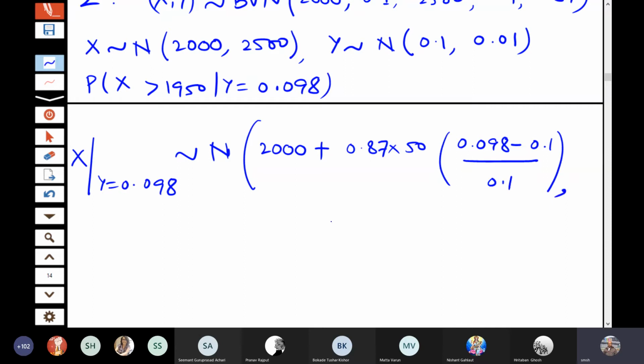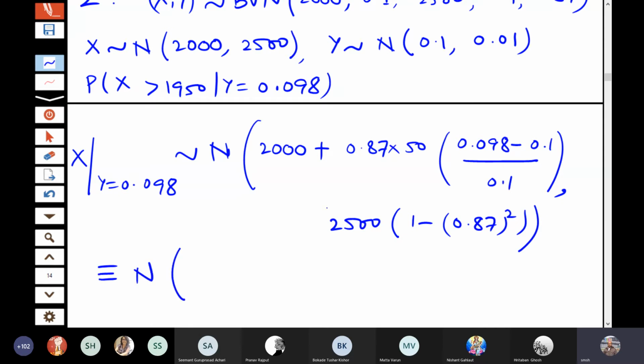And the variance is sigma 1 square, that is 2500, into (1 minus rho square), that is 1 minus 0.87 square. So you can simplify this. This is nothing but the normal distribution, and these calculations you can simplify. The mean is 2000.87 and the variance is 607.25.